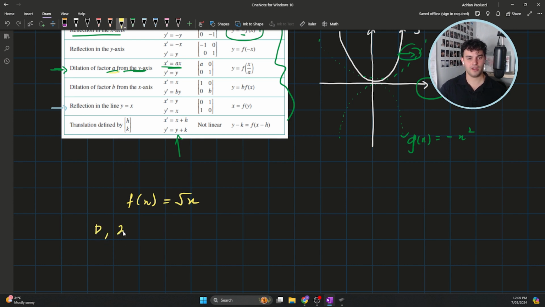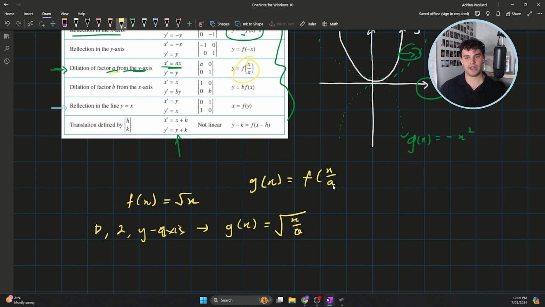Then the image is going to be g of x equals the square root of x on a. Because what I've done is say that g of x is equal to f of x on a, which is pretty much saying that you just replace x with x over our dilation factor, which in this case is 2. I've written a as my generic parameter, but I should have said the square root of x on 2 as my final image equation.